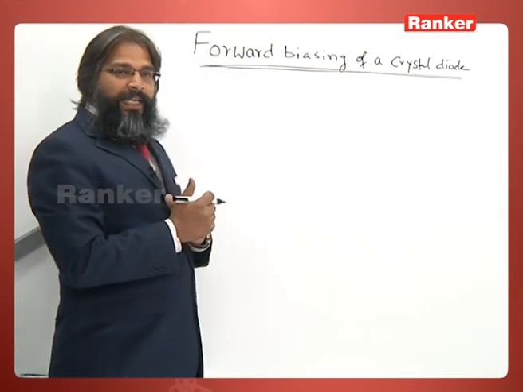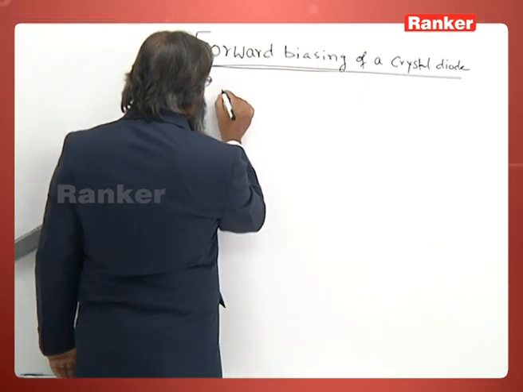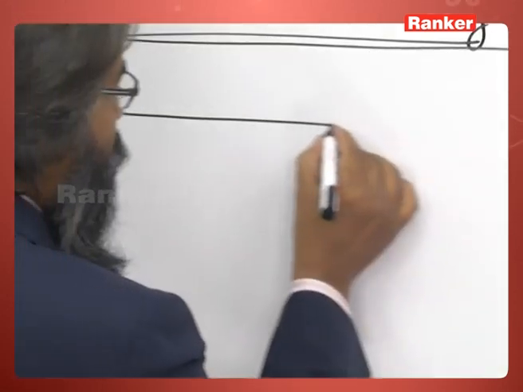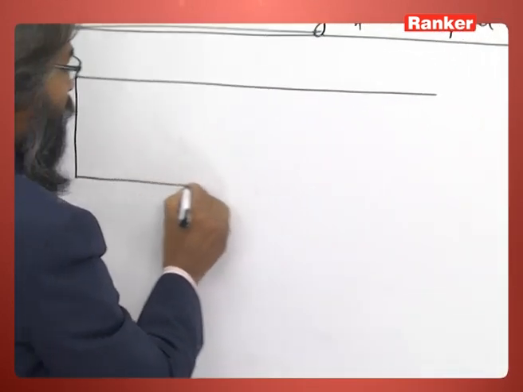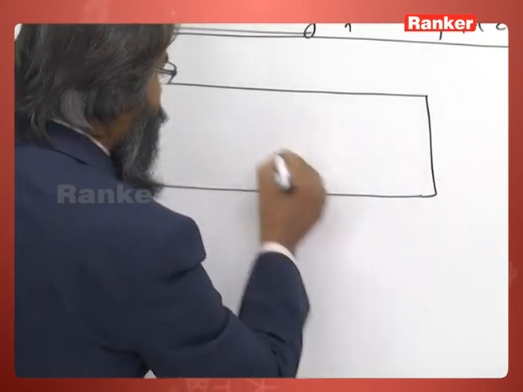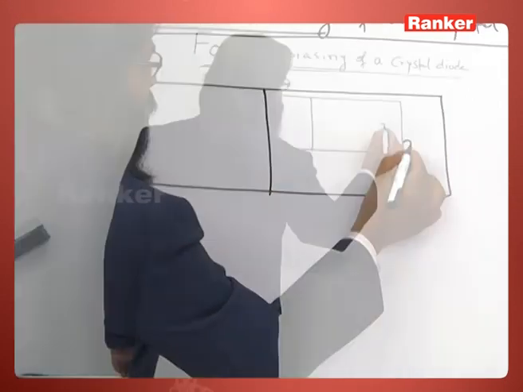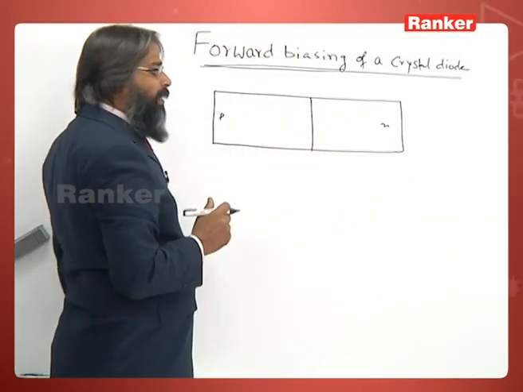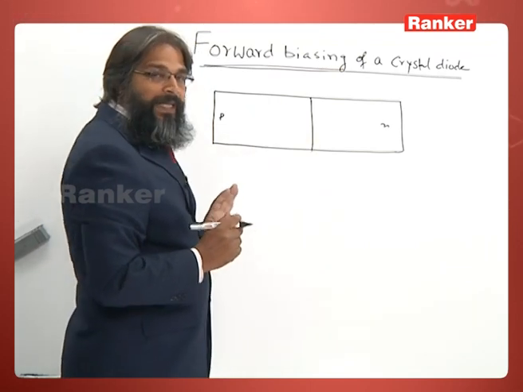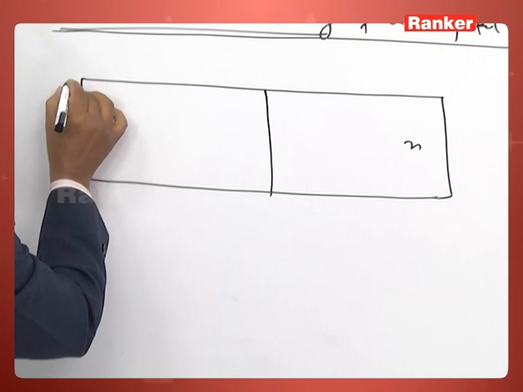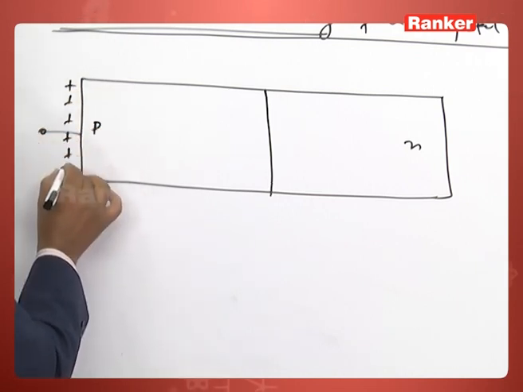So now let us see the potential barrier in the forward biased position. This is our PN junction, crystal diode, and this is the junction, this is P side and this is N side. Now I am not drawing the cell because I have to show how the potential barrier is changed. So you see, I have applied positive potential to this terminal.